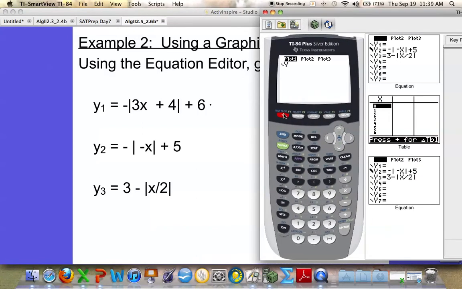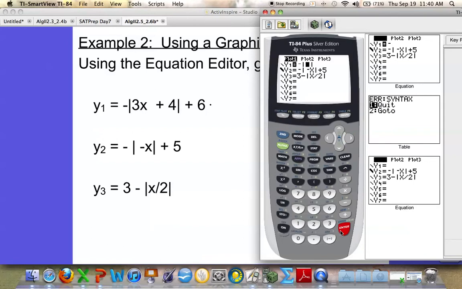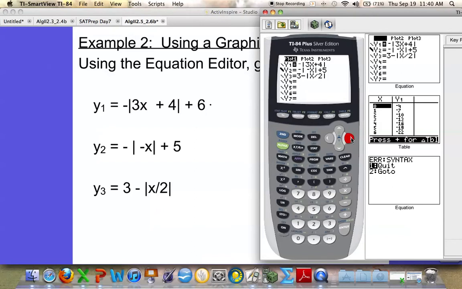You're going to go to your equation editor, your y equals, and you're going to type it exactly as you see it. Negative sign first. Remember, to get absolute values, you hit the math, number, and hit enter for 1. You should be inside your bars. And then you're going to type a 3x plus 4. And to get outside the bars, you must hit the right arrow key.